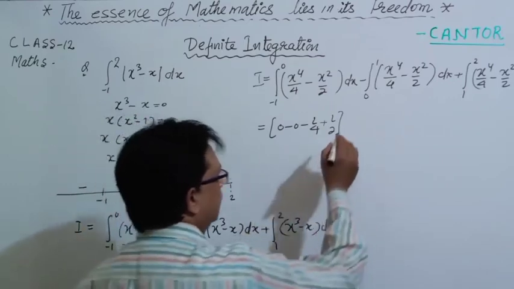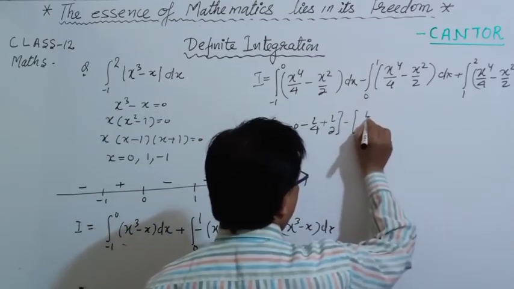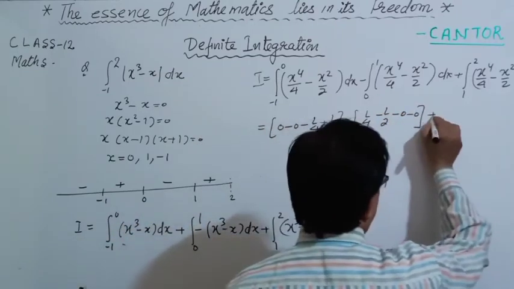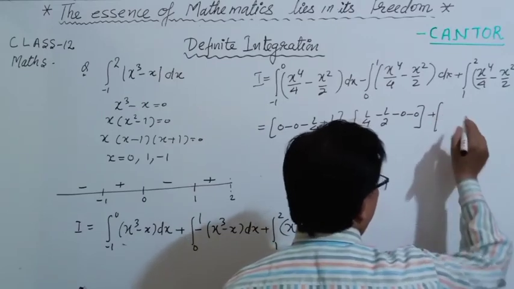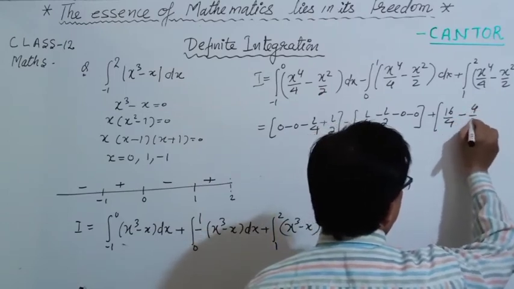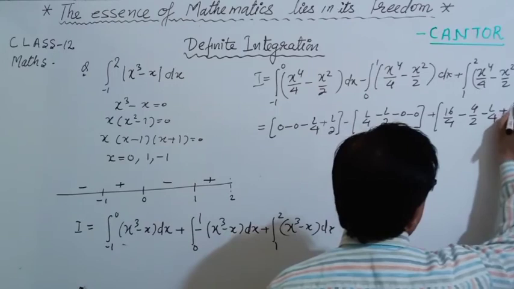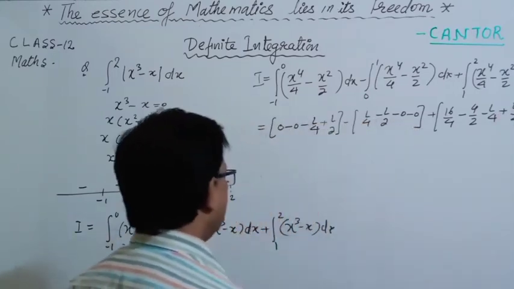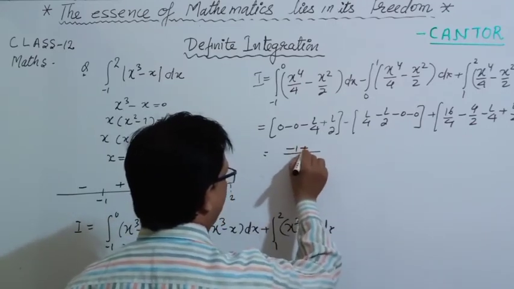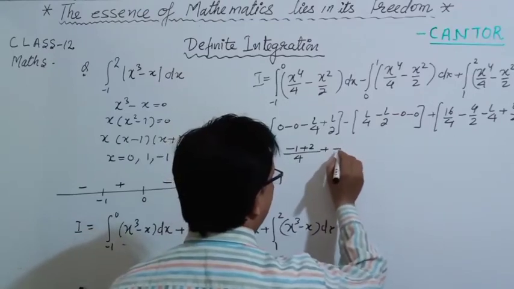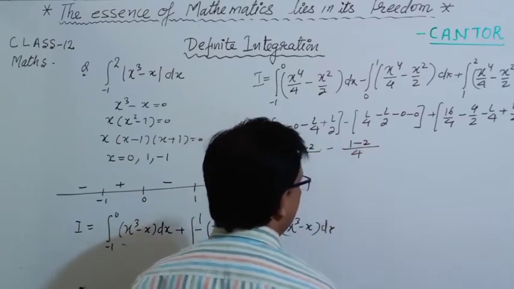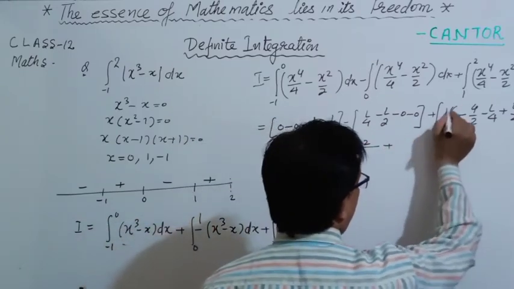Okay. Now here we apply limit. If we apply 1, this is 1 by 4 minus 1 by 2, 0 is 0. Now here 2 to the power 4 means 16 by 4 minus 4 by 2 minus 1 by 4 plus 1 by 2. So we solve this taking LCM. This is minus 1 plus 2. Here also we take LCM. 4 is the LCM, 1 minus 2 plus this is 4.